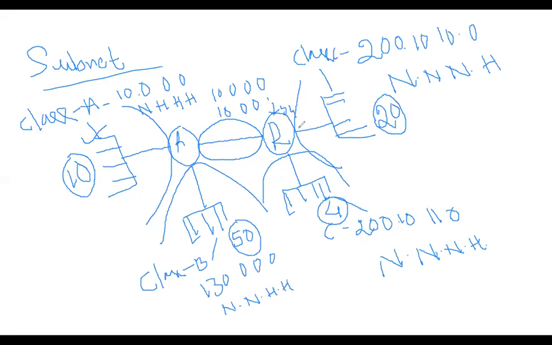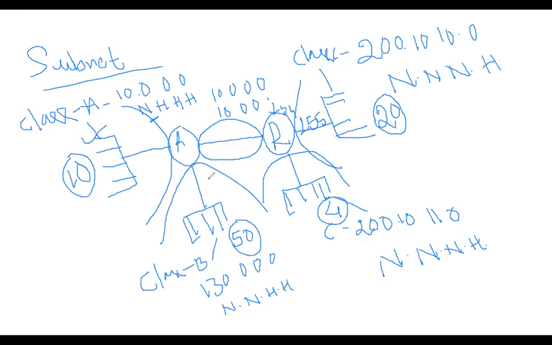It goes on giving the IP addresses up to 255. Once it becomes 255, this block will become 1. See, only 10 computers are there, so we can give only 10 IP addresses. The remaining are wasted. So how many IPs are remaining? Just imagine.